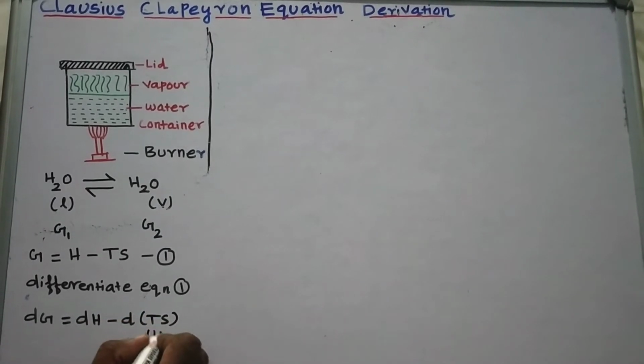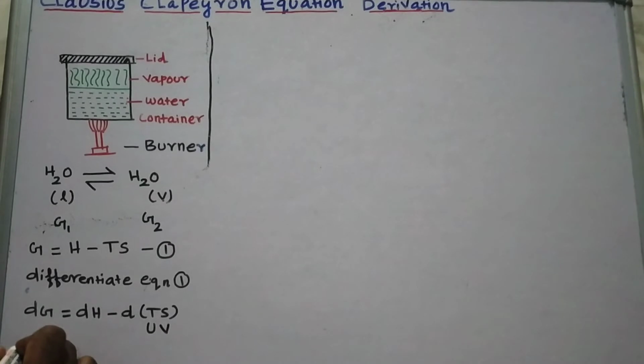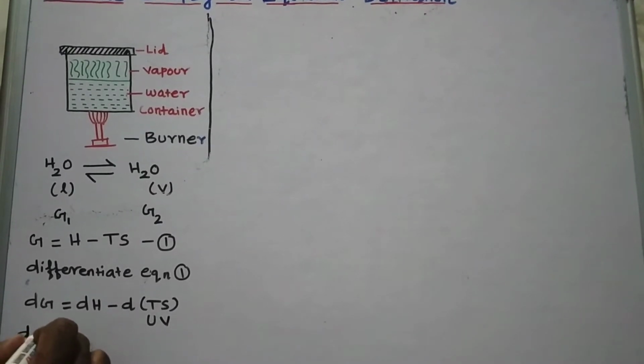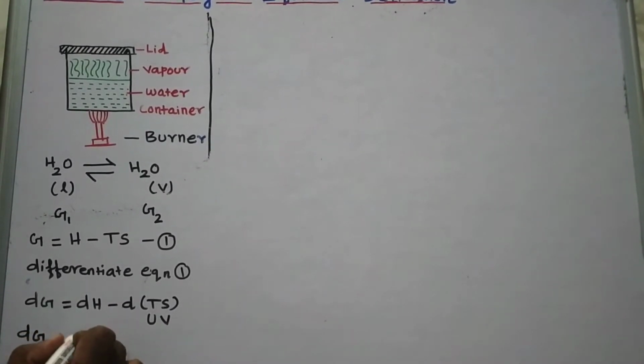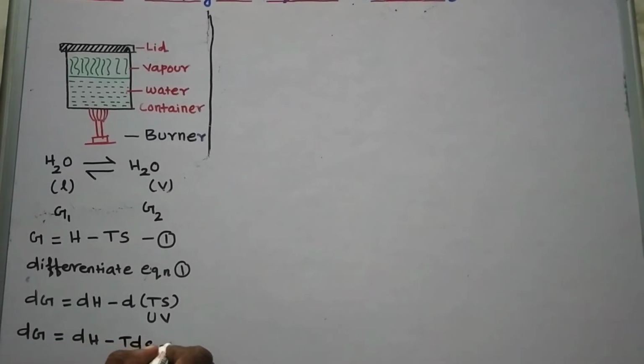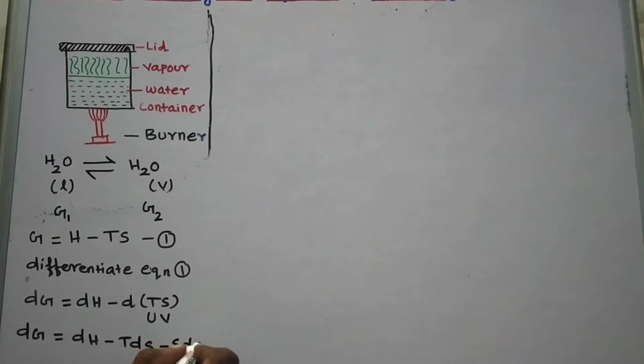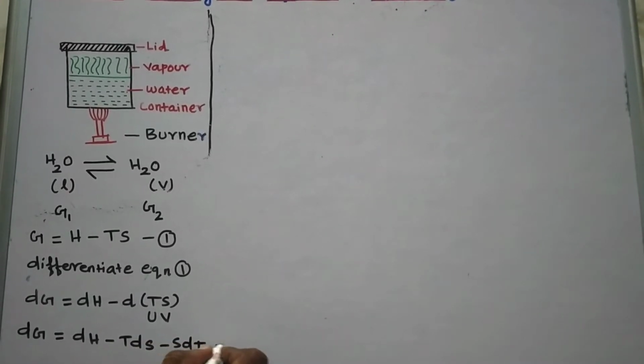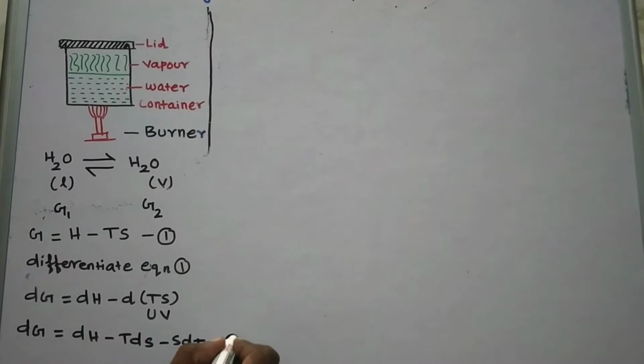It is of the form of U into V. That becomes dG is equal to dH minus T dS minus S dT. So this is equation number 2.